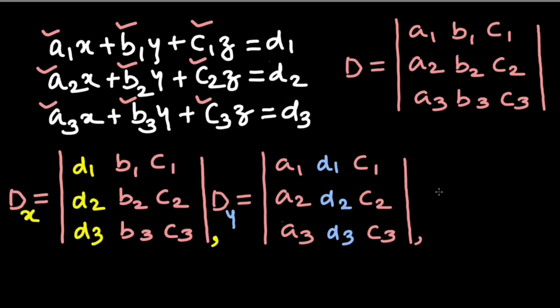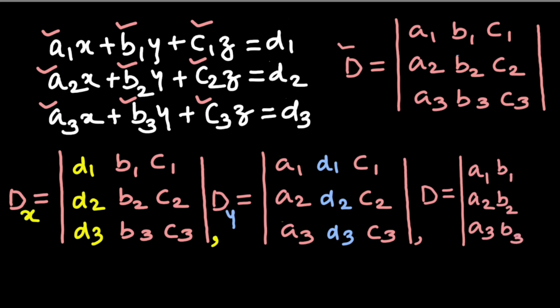And finally, we will form a determinant similar to this determinant D, a1, a2, a3, b1, b2, b3, only by replacing this c1, c2, c3 by d1, d2, d3. And we name this determinant Dz.